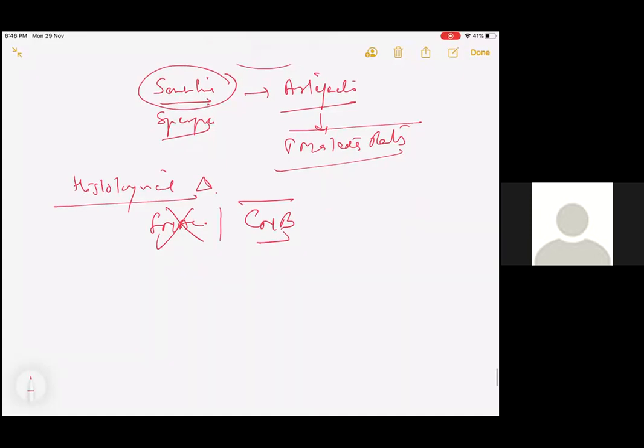Why is that superior? First thing is it gives you the tissue. FNAC gives you cells. So this would have higher false negative rates. You may miss out. This will have lower false negative rate. So it's more sensitive and specific.